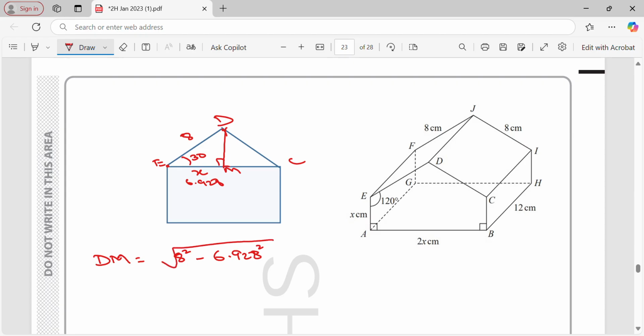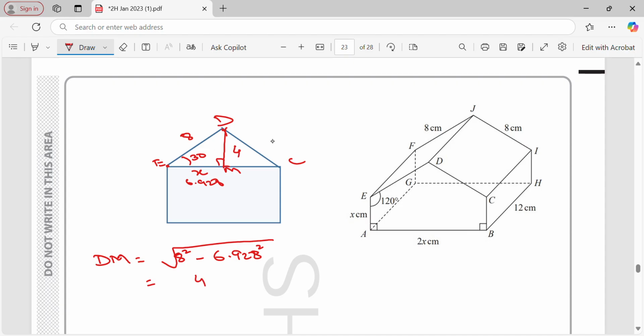Let's check how much that is. 8 squared minus 6.928 squared, and that is equal to 4.0035, so that is equal to 4. So this length is 4.